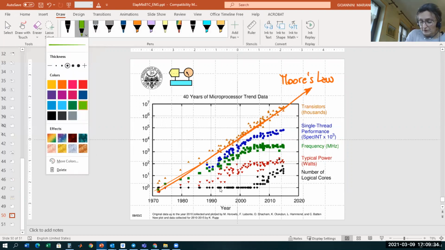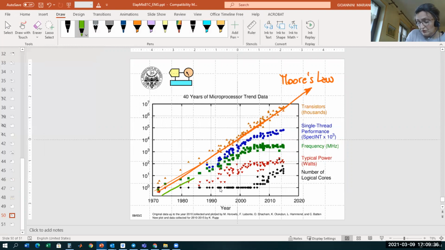This is the evolution of the clock frequency with time. As you can see, this clock frequency increased with time, but then nowadays you see it's saturating. So it means that it has reached a maximum. You can no more increase the performance by increasing the clock frequency.